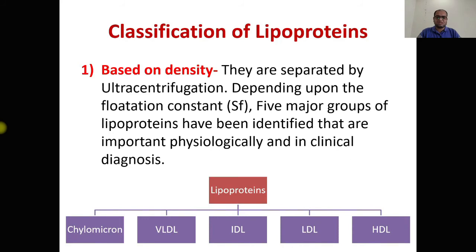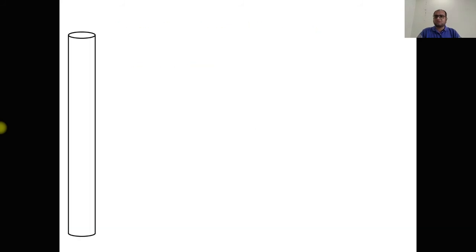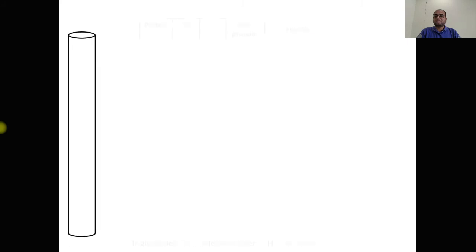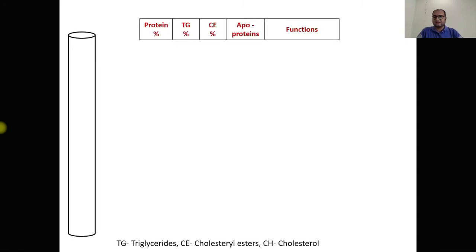Now we'll discuss how they come out. If you take an ultracentrifuged test tube, which you can see here, we can classify them according to which components are there, like protein, the percentage of triglyceride, cholesterol esters as well as apoproteins, and what their functions are.